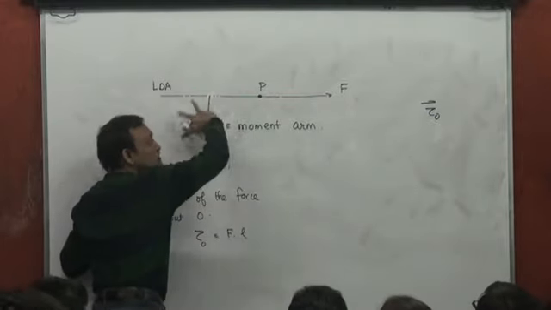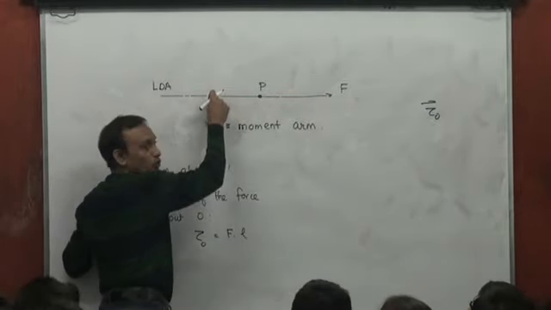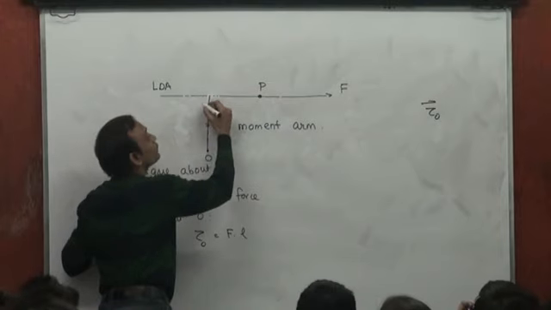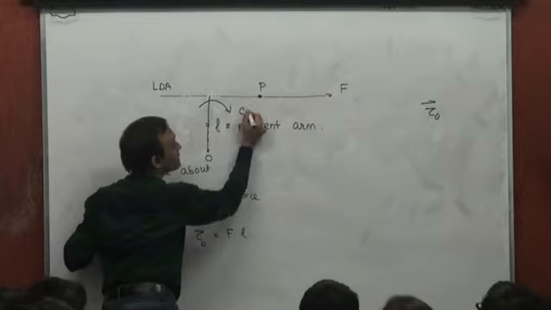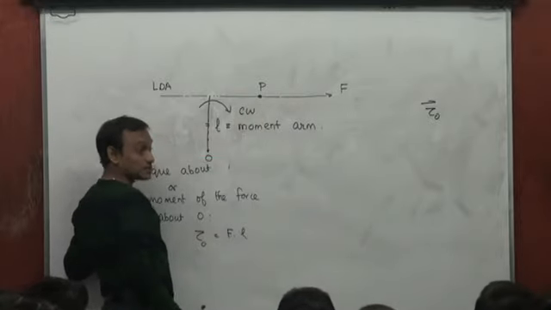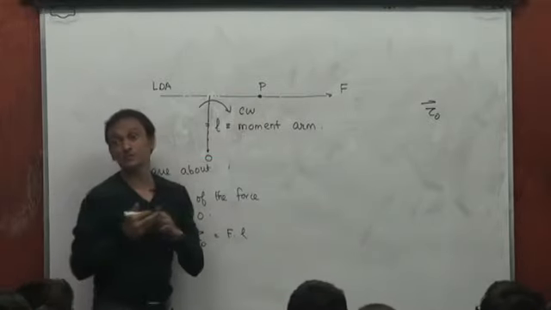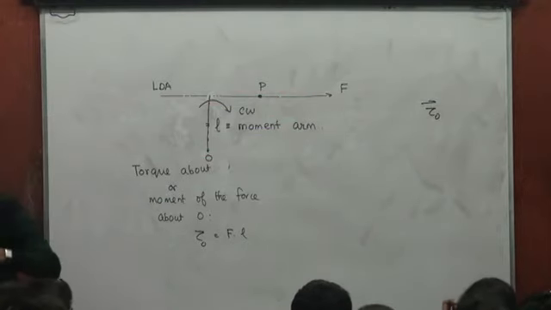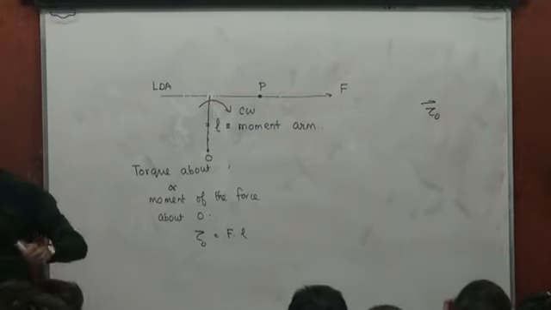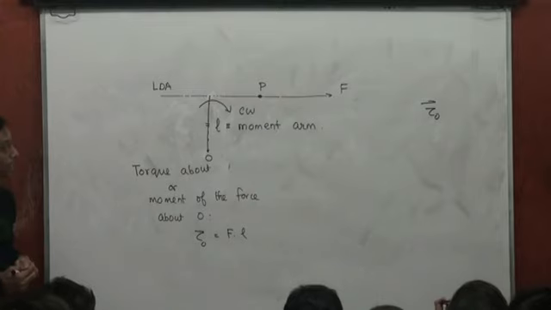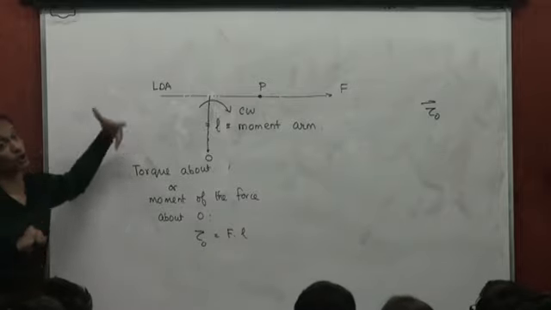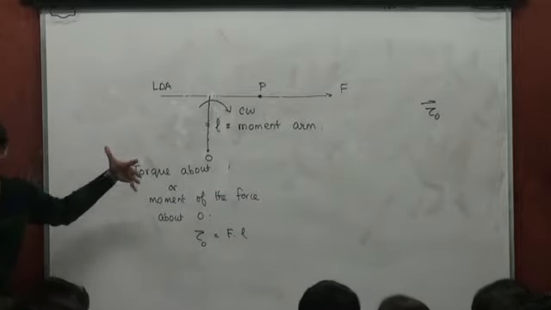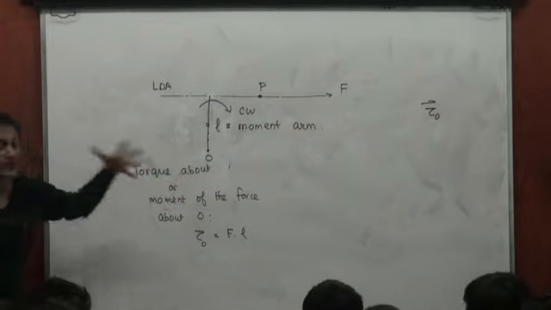Then this force F acting at this point of the rod will cause the rod to rotate in the clockwise sense. Therefore, the turning effect of this force F about O is clockwise, and we say that the torque about O for this force F is clockwise. The sense of this torque is clockwise.